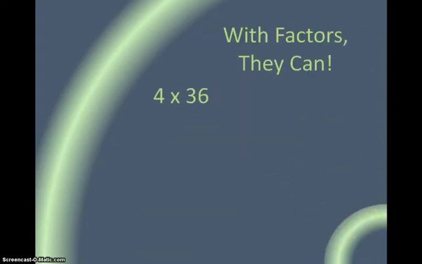The answer to this question, of course, is with factors they can. And the way that we can do this is by what I had mentioned before about recognizing a solution as the product of two factors. For instance, when we see 36, we ought to see that as 3 times 12, 4 times 9, 6 times 6.